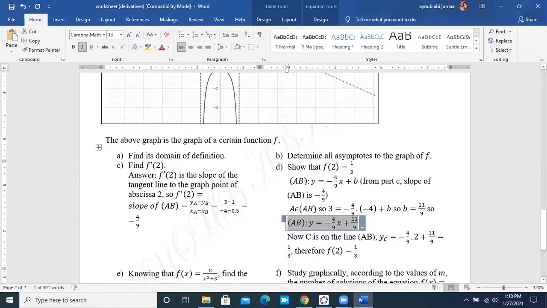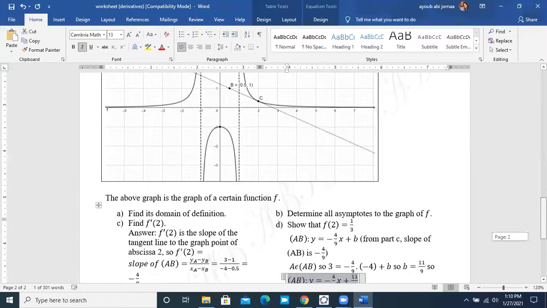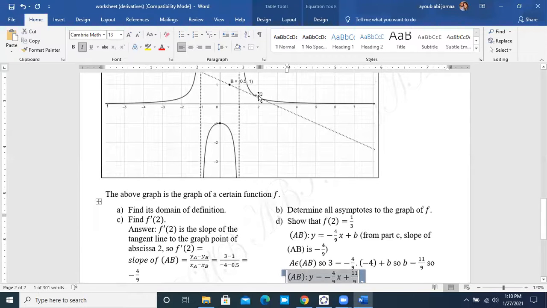Now, in order to find the coordinates of C, C belongs to the line AB.